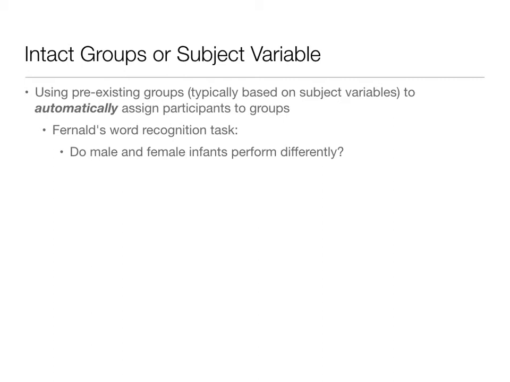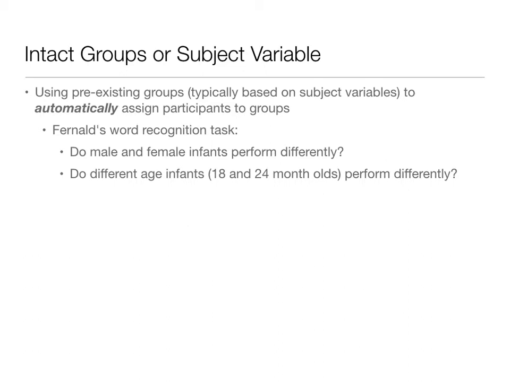So again, we couldn't control that. We have a subject variable at play. So she was also looking at that. She still manipulated the word frame. She still measured how long it took them to interpret it. But she also looked at the subject variable of gender. Then we'd be a quasi-experimental design. Another example would be if she looked at both 18-month-olds and 24-month-olds.